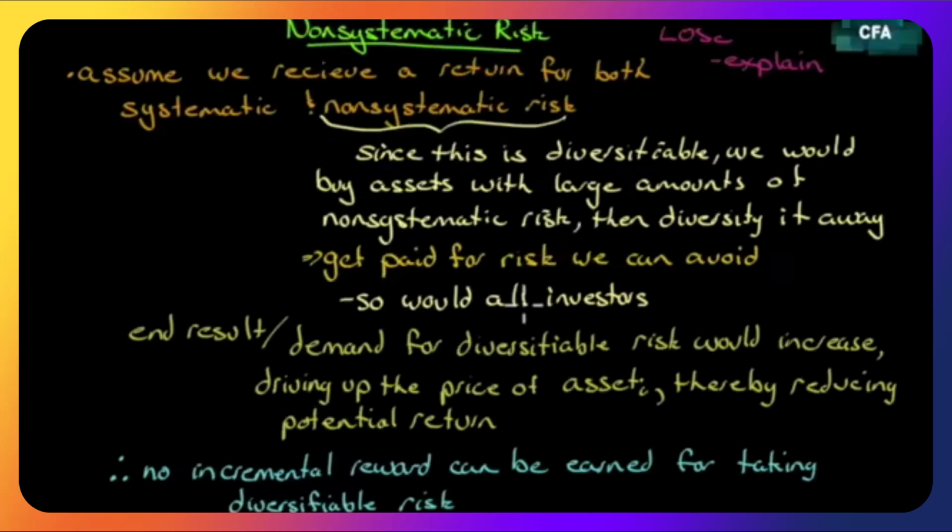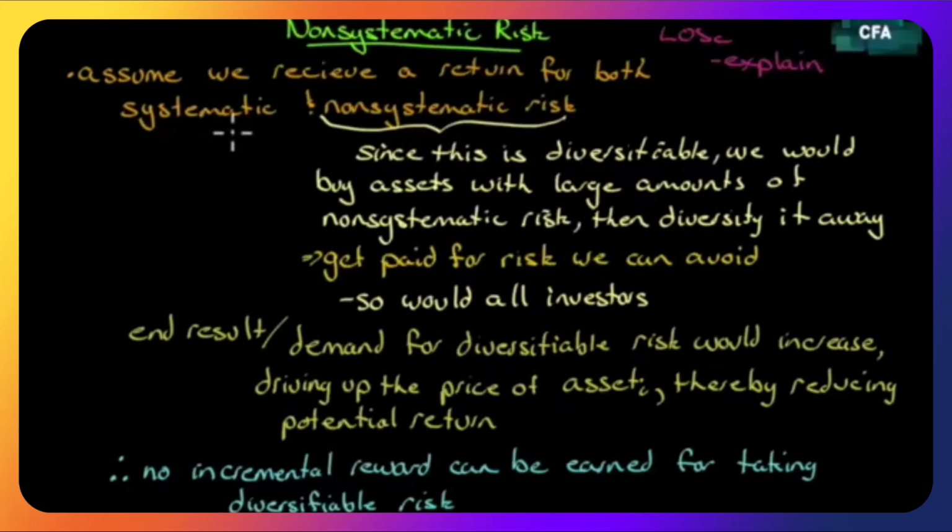Well, with all of that activity, what would happen? Can you think of the end result here? The demand for diversifiable risk would increase, obviously, driving up the price of assets, thereby reducing the potential return. If you reduce the return, suddenly you're not getting a return for that non-systematic risk because it's been bid up.